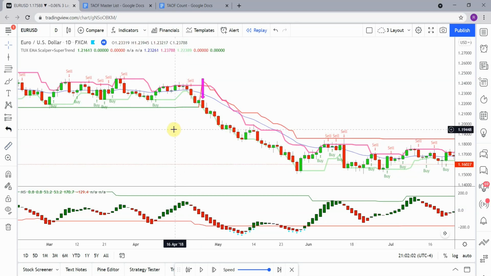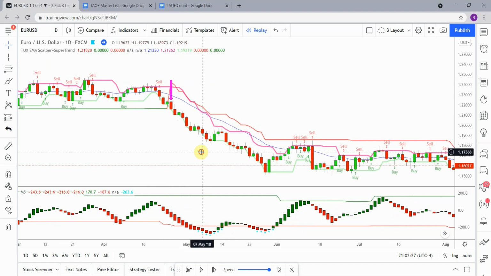And then the take profit, or the exit of this, will be when the MS paints a candle in the opposite direction. So if we're in a short, when it posts a green bar, then we are going to exit the trade. If we are in a long, when it paints a red bar, then we are going to exit the trade there.